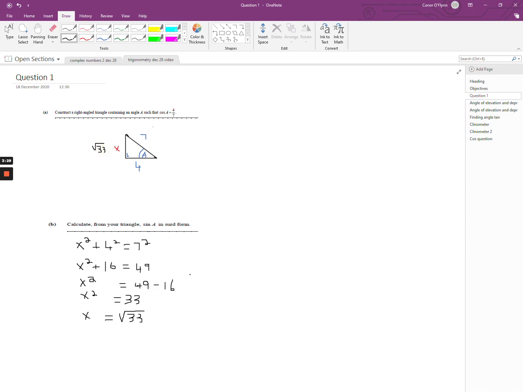And then they're asking, well, what is sine A? Well, sine A is opposite over hypotenuse. You just need to know your formula for sine, which are in the log tables, but you need to know that sine is opposite over hypotenuse. So what is opposite A? That's square root of 33 over 7.